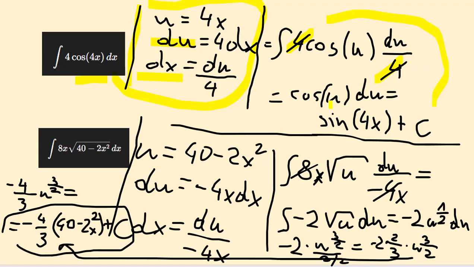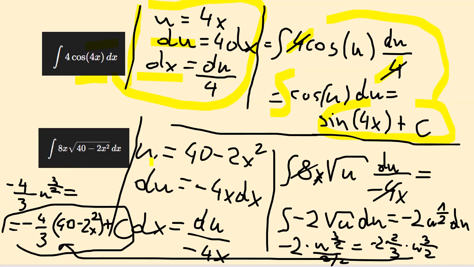And what is left is only cosine u. And then here is still integration, but after we do integration, cosine changes to sine. So you have sine u, but you substitute u as 4x back because it was originally 4x, and you get the answer sine 4x plus c.